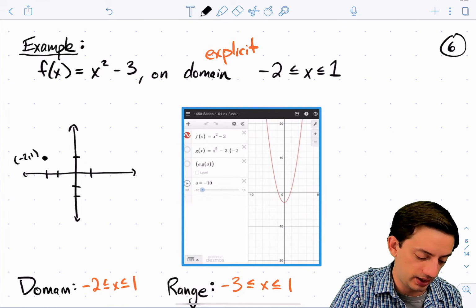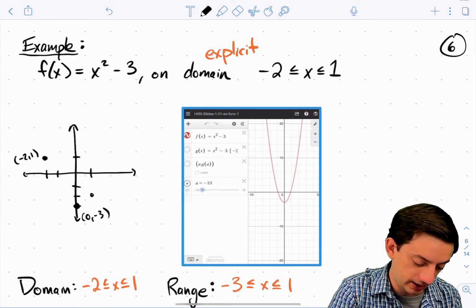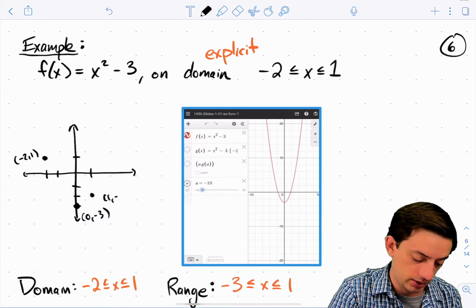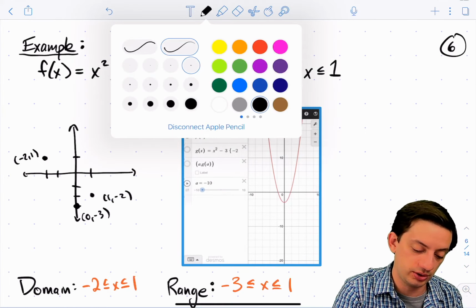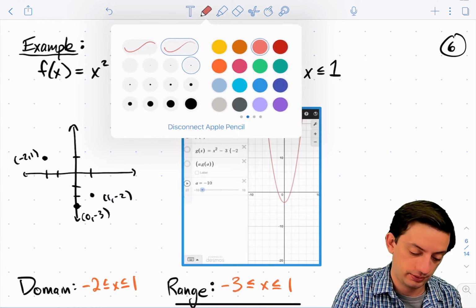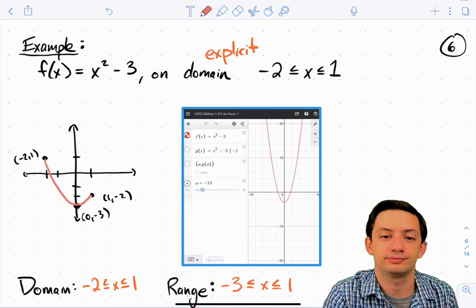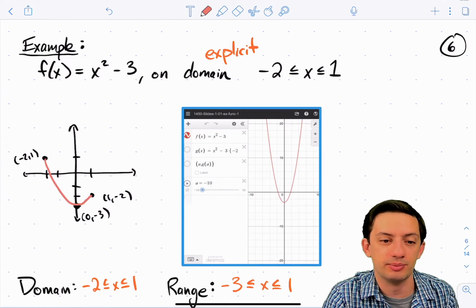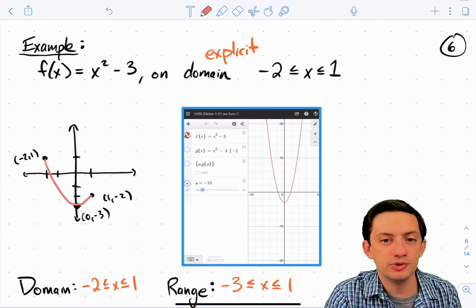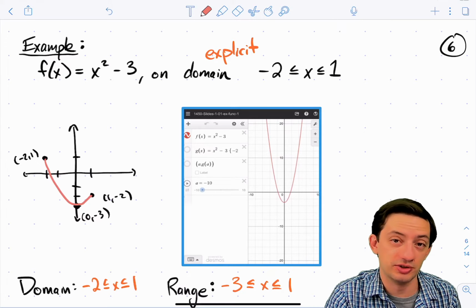At 0, we had height -3, so 0, -3. And then at 1, we had height -2, so 1, -2. And our function looked like that. Okay, so that was our first example. In this one, the domain was explicit, so we just defined it.